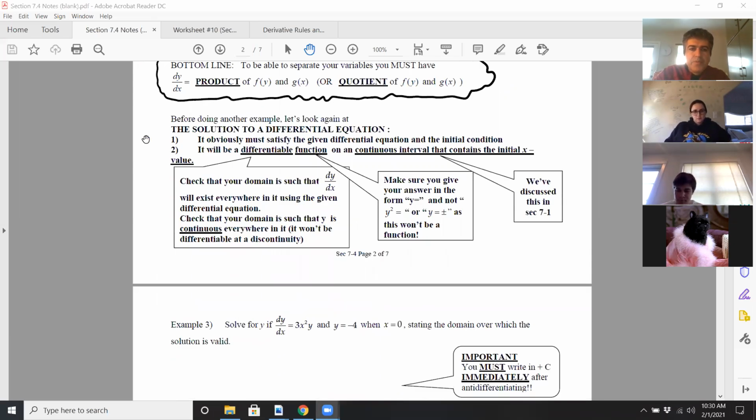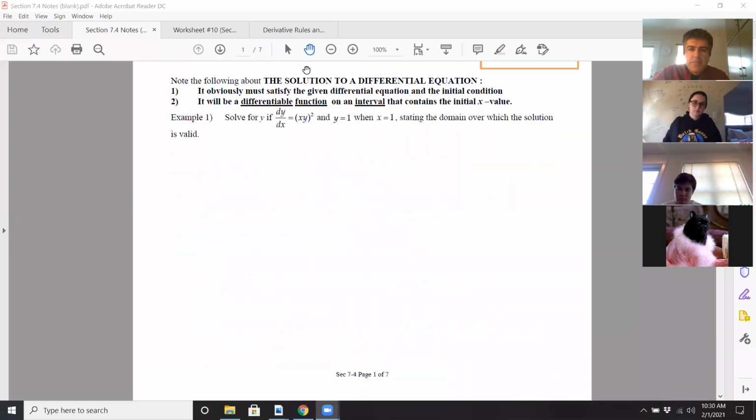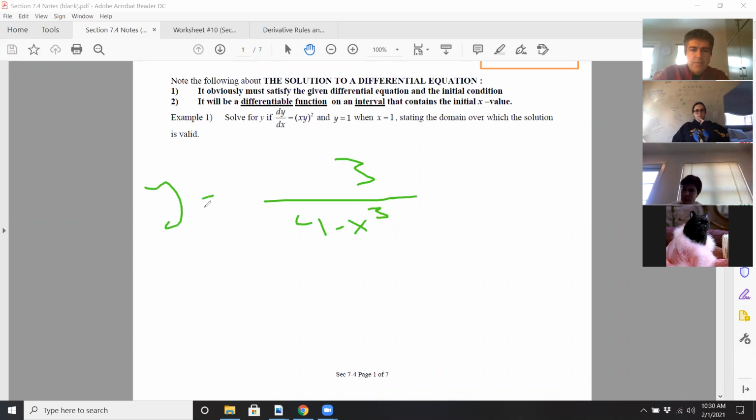Another thing to keep in mind too, the solution to the differential equation, so obviously it has to satisfy the differential equation and the initial condition. So like what we got earlier for this one, actually let's go back over here because I don't think I checked my work for that one. Remember we had 3 over 4 minus x cubed. That's what y had equaled. So then dy over dx, if I were to work that out, well, first off, that's 3 times, don't write this down, I'm just checking my work.